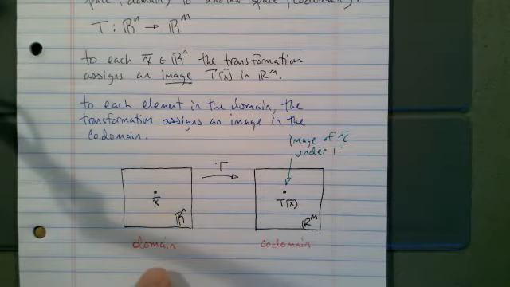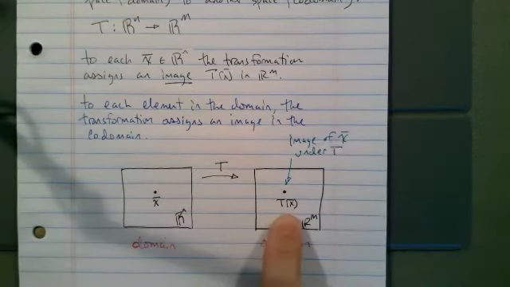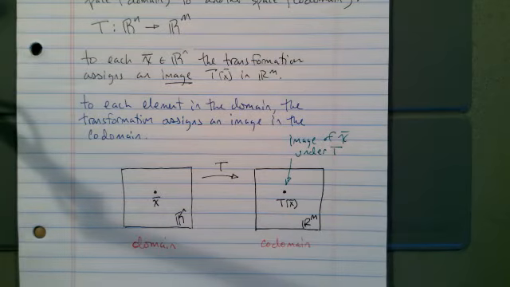So x is from the domain. We apply T to x, and we get a vector in the codomain. That'll be the image of x under T. If you're wondering where range comes into it, the set of all the images is the range, and it's a subspace of the codomain.